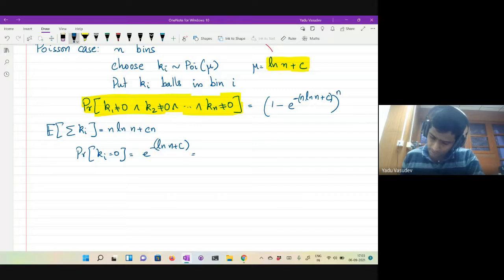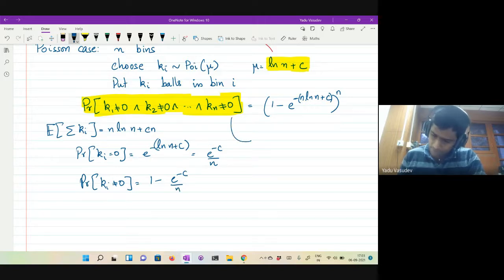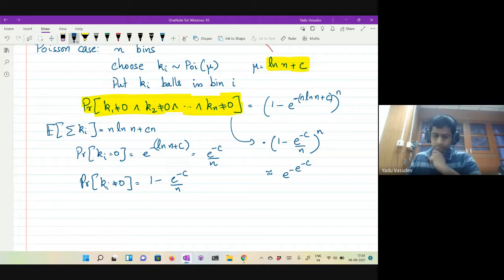This is nothing but e to the power minus c over n, right? And the probability that k_i is not equal to 0 is 1 minus e to the power minus c over n. And therefore, what Raghu was saying, this value is 1 minus e to the power minus c over n, whole power n, which is approximately equal to e to the power minus e to the power minus c. Correct. This is the bound that we were trying to achieve also.